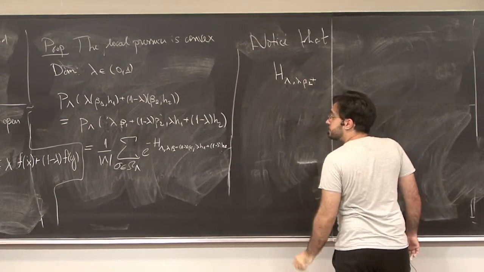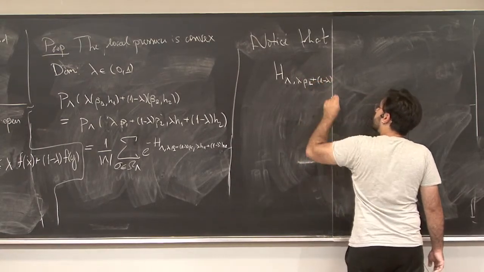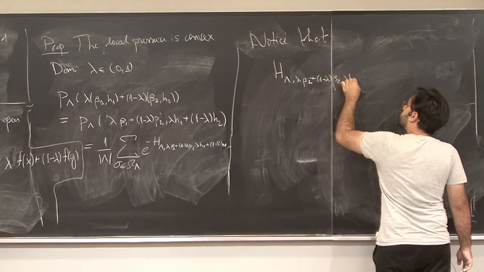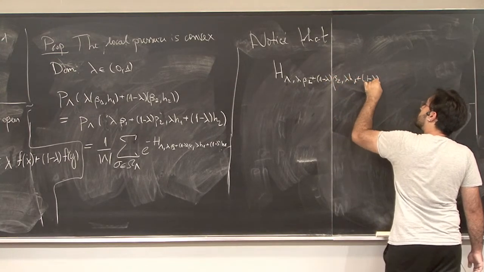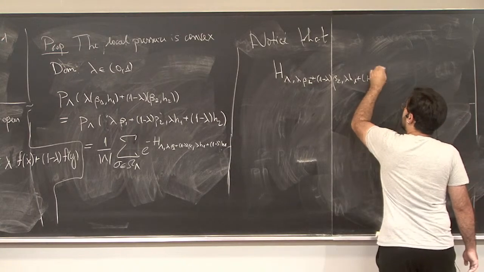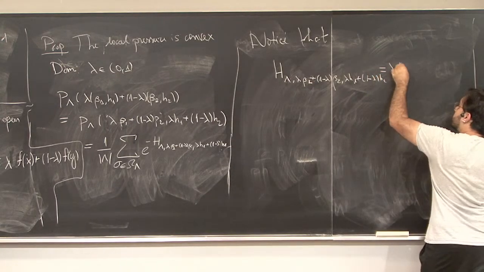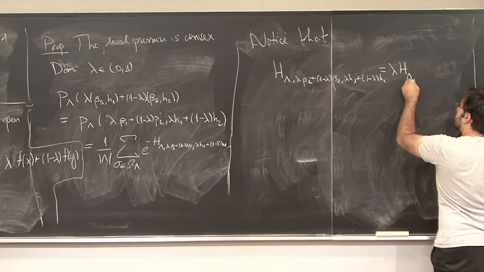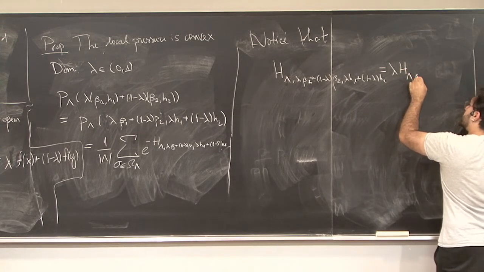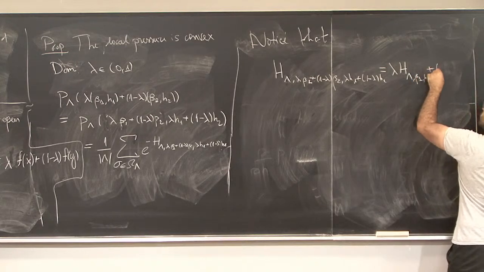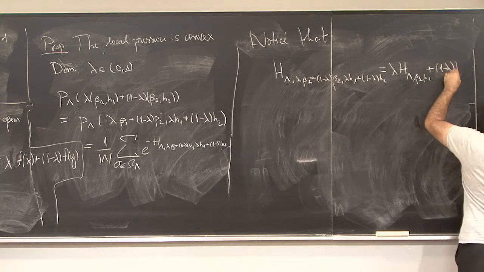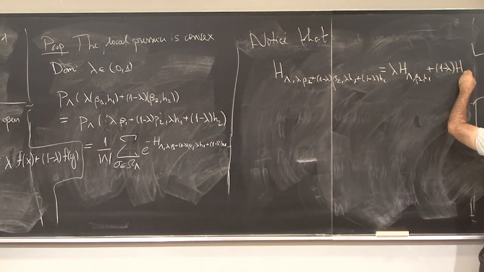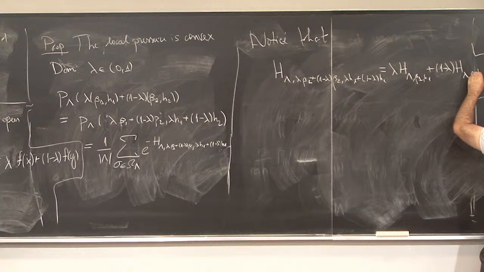This is exactly lambda times the Hamiltonian of the Ising model with parameters beta 1 H1 plus 1 minus lambda times the Hamiltonian with parameters beta 2 H2.